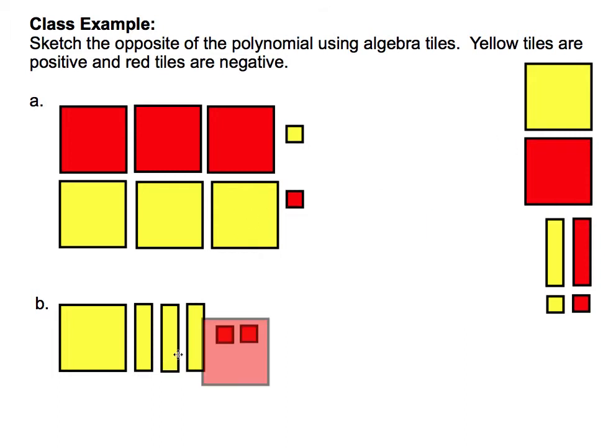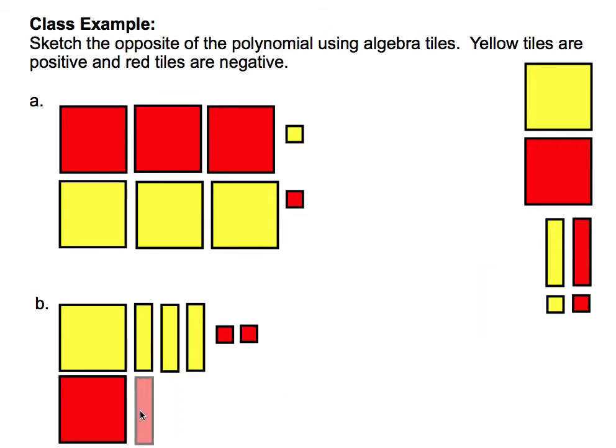And same thing here. If I need to zero that out, I put a red. If I need to zero out the 3 yellows, I put 3 reds. And if I need to zero out 2 reds, I put 2 yellows. Okay, so that's what an opposite looks like in terms of using algebra tiles.